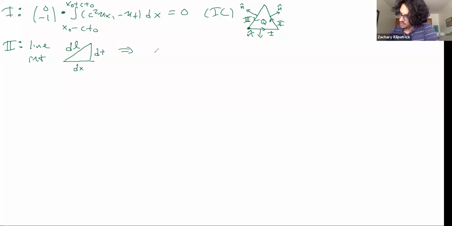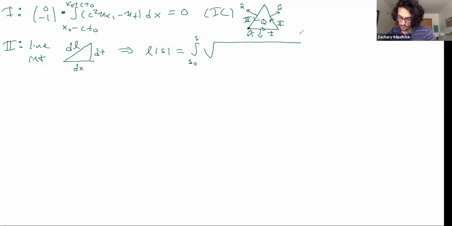Remember, for line integrals we have to parameterize the line, because we need to make it one-dimensional. And so L of S is going to be our parameterization.